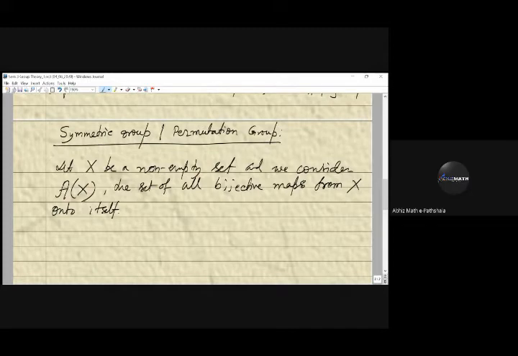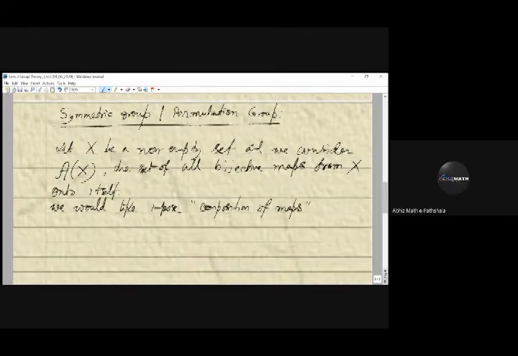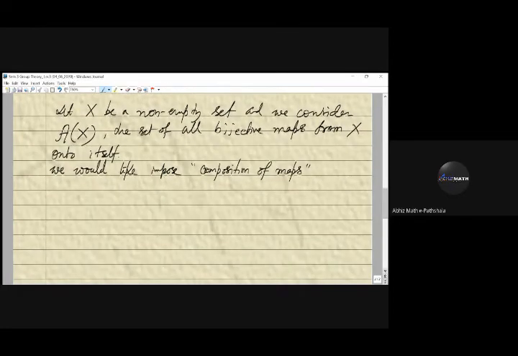So we would like to impose the operation which is composition of maps, denoted by circle.